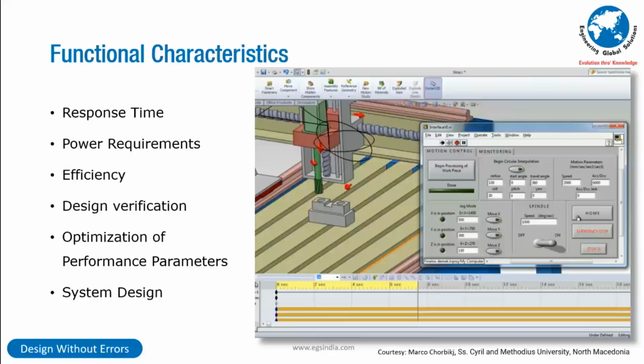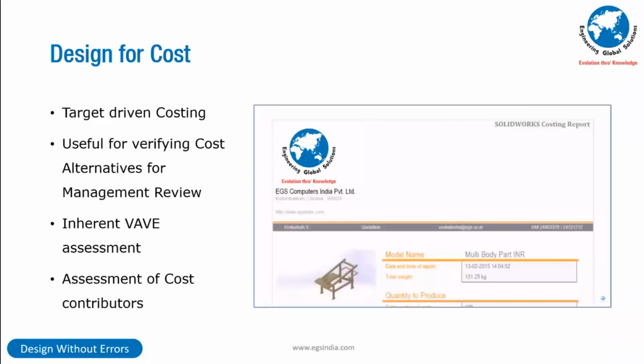It is easy. Once you have tested it inside, things gone wrong get eliminated, and things gone right go up in your list. So the next and the most important thing is the design for cost. 85% of the product cost is determined by design.